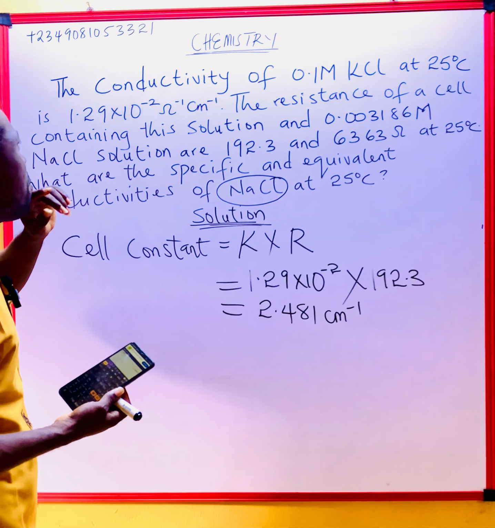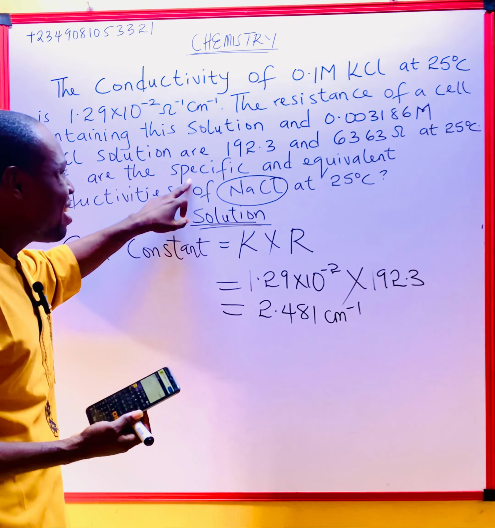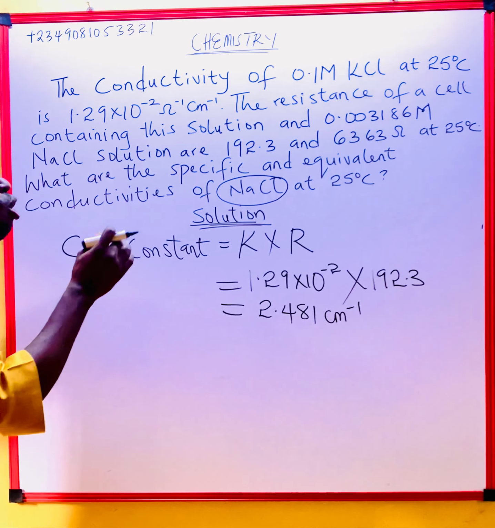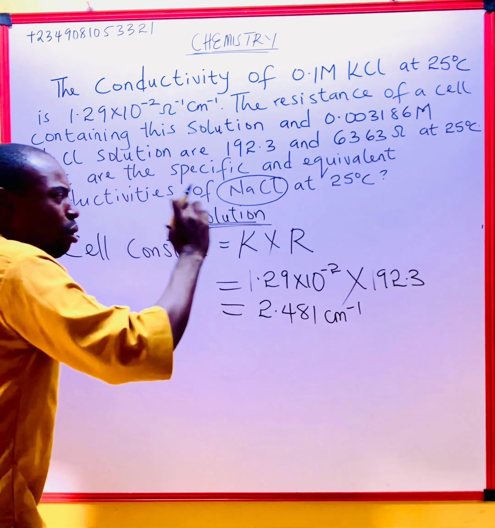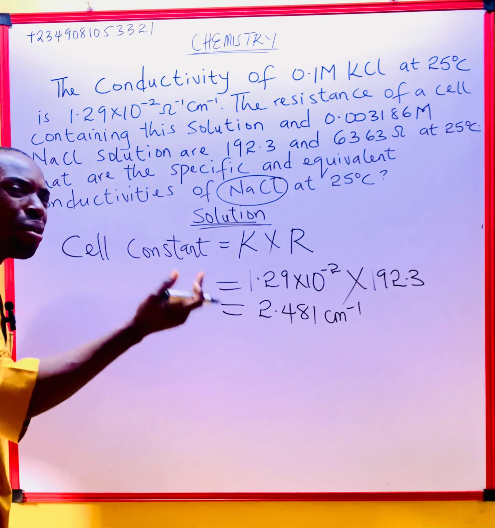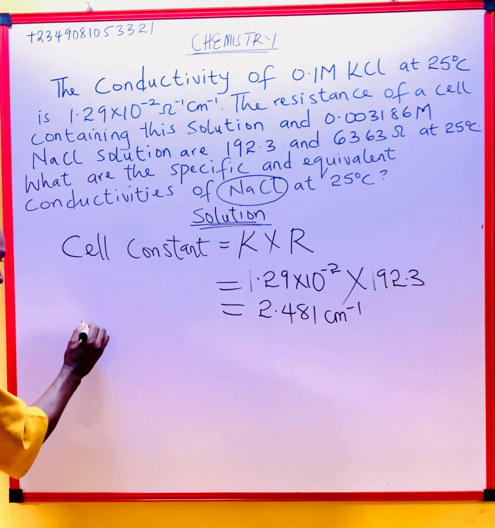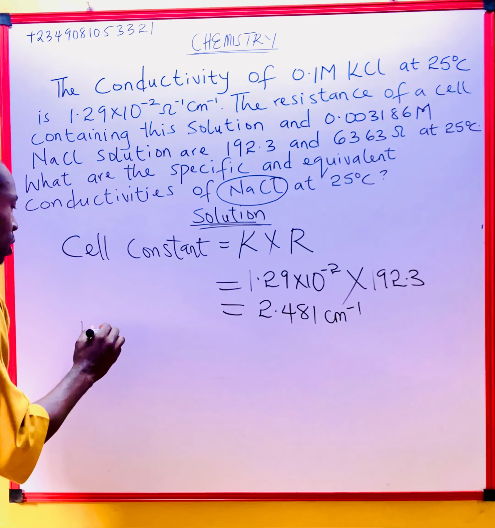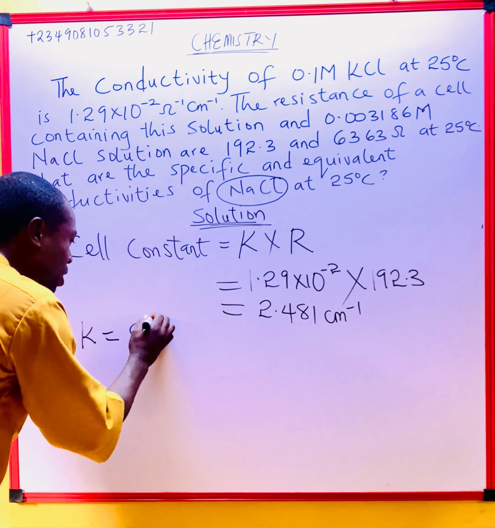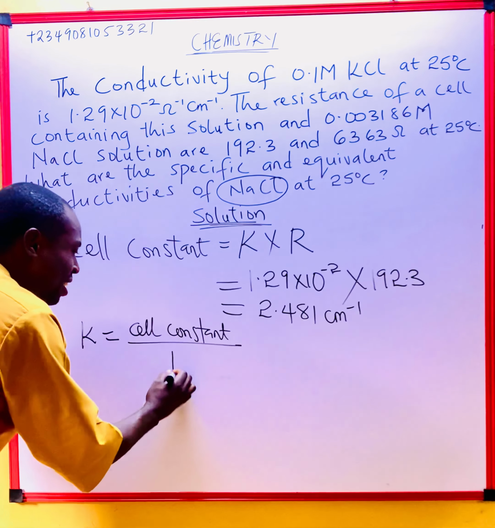Now we should remember that the question asks for the specific conductivity. Since we already know that our cell constant is equal to conductivity multiplied by resistance, I can now solve for my specific conductance, which is also my conductivity. K, the conductivity of the sodium chloride, is now equal to my cell constant over my resistance.